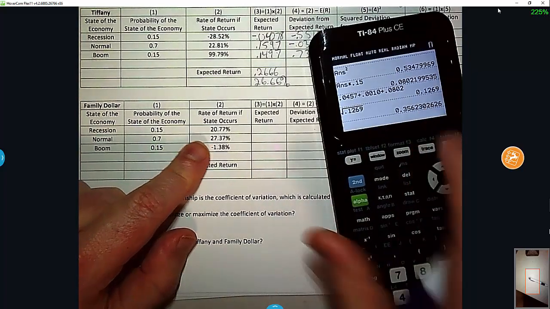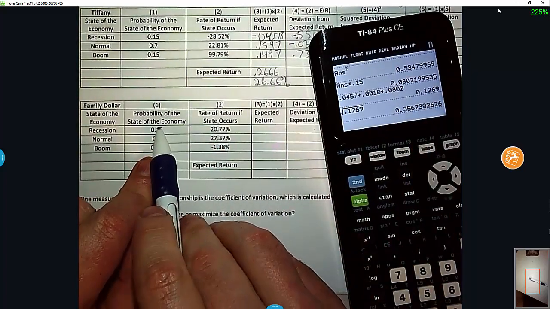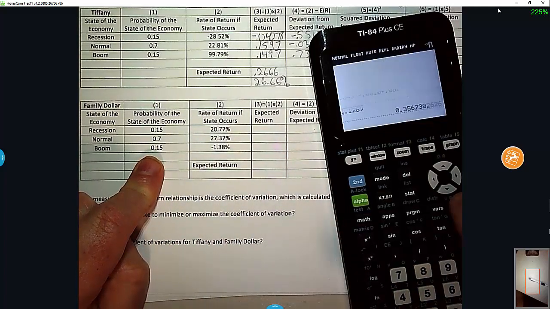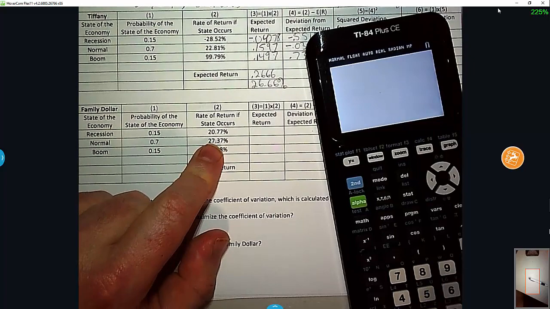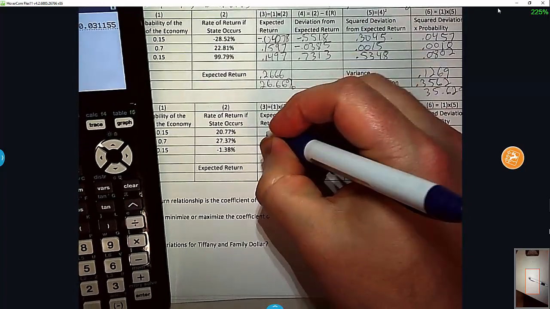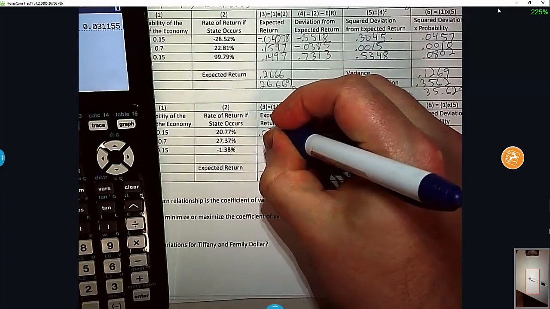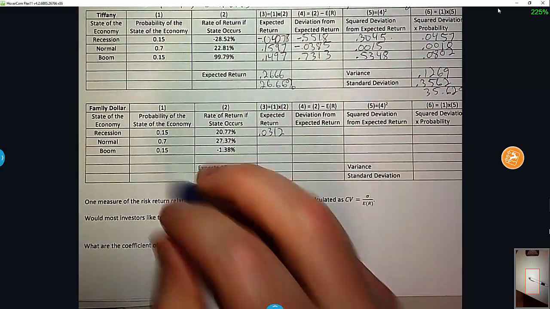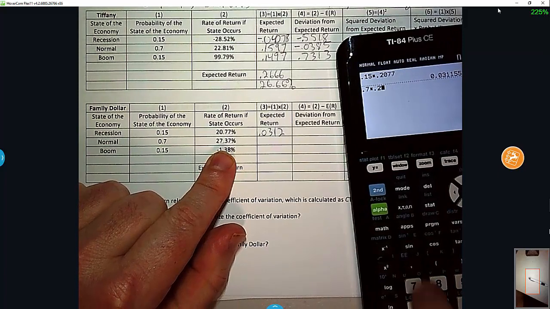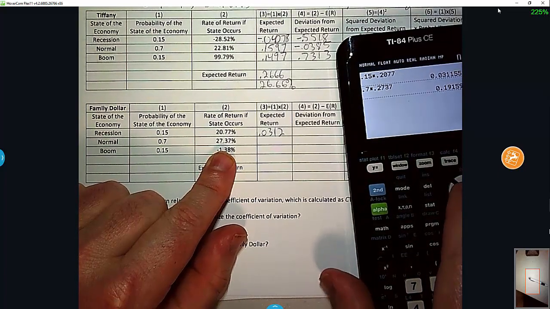So I'm going to calculate the expected return by multiplying these and then finding the sum. I'm going to take 0.15 multiplied by 0.2077, which gives me 0.0311. Then 0.7 multiplied by 0.2737 gives me 0.1916.